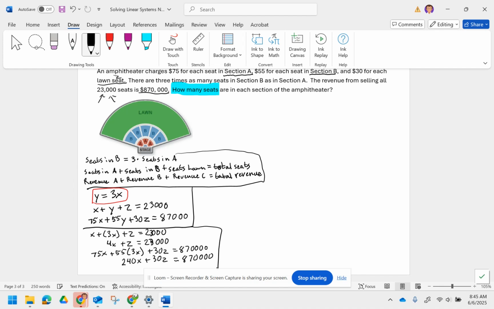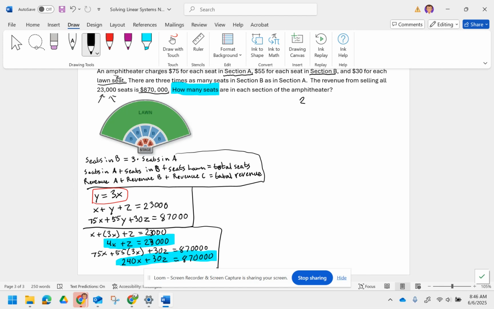All right, wonderful. I've now got two linear equations in two variables. I can use these to solve for one of them. So now I'll use the elimination method. I eliminated y from my equations using substitution, but now let's use our trusty elimination method.